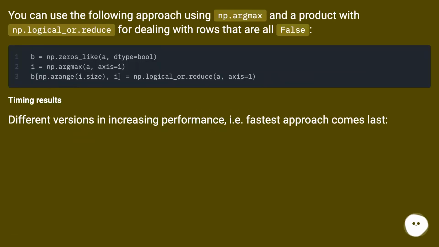You can use the following approach using np.argmax and a product with np.logical_or.reduce for dealing with rows that are all false. Timing results.